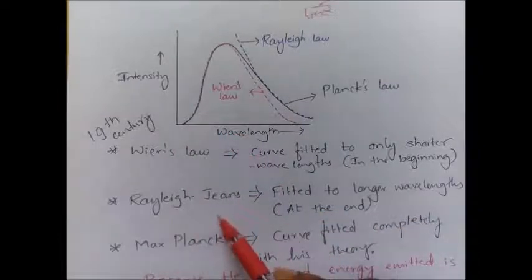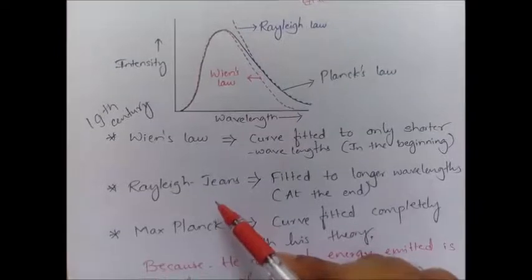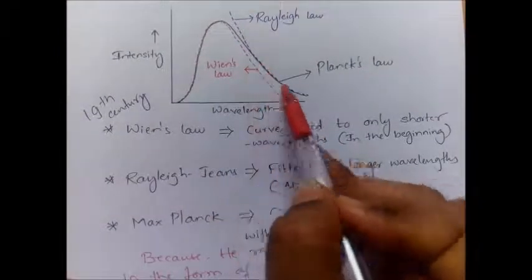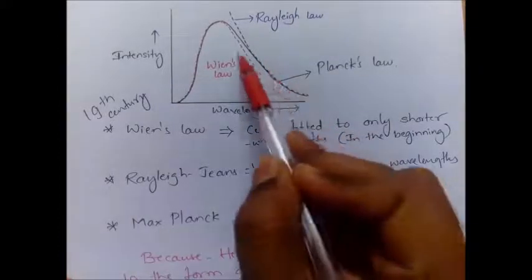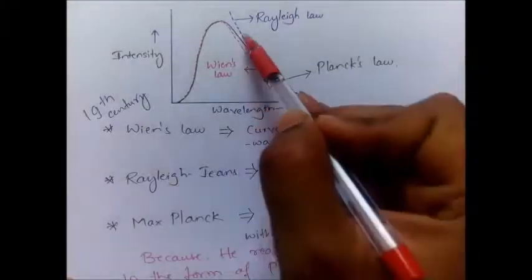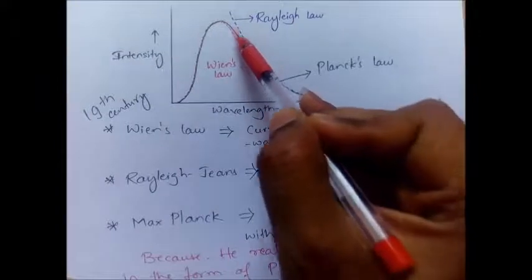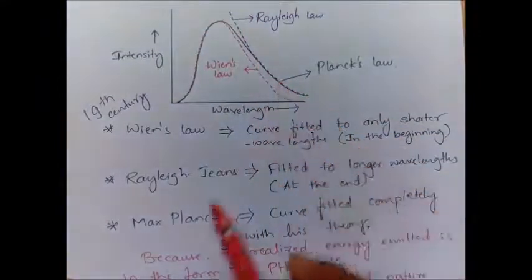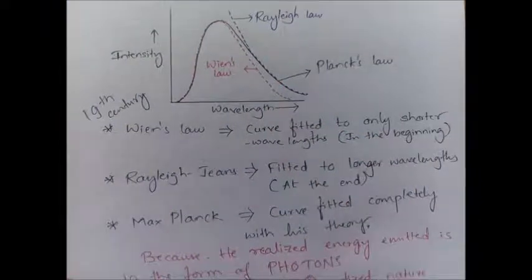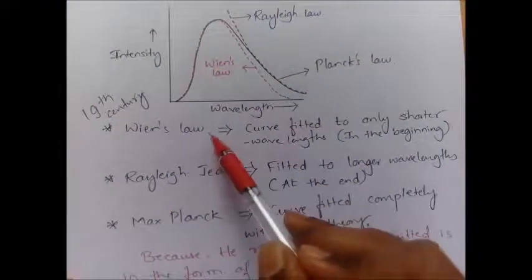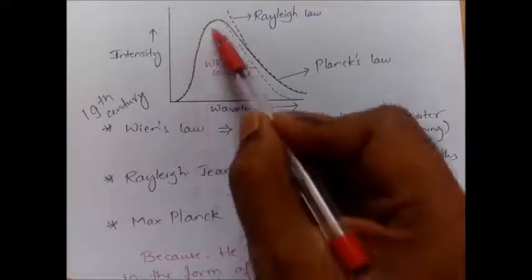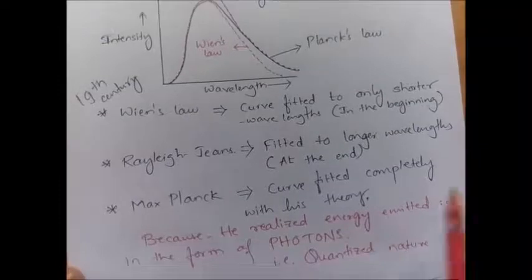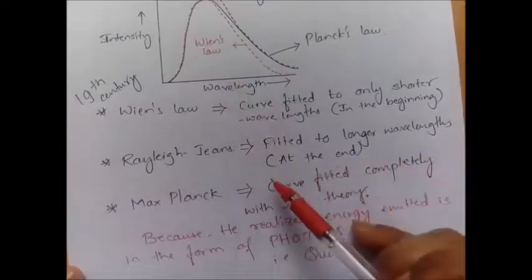Rayleigh-Jeans explained with his equations only the higher wavelengths. It did not fit the lower part of the curve, it goes up here, so it fitted only the higher level of the curve. Neither Wien nor Rayleigh-Jeans explained the entire curve, whereas Planck explained it very well.